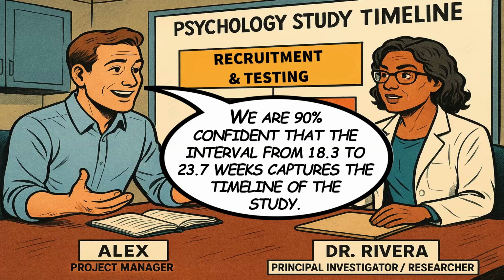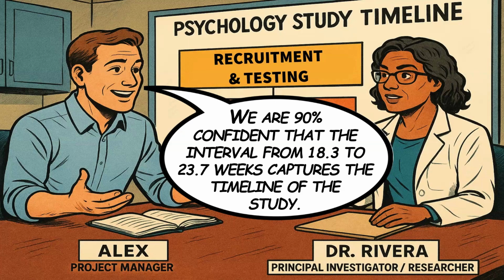And typically the correct way is to talk about it in a sense that what you're trying to estimate doesn't move, but your confidence interval might move. So the timeline of the study, that is set in stone. Whatever world this is in, that timeline of the study is set in stone. But they are 90% confident that the interval that they have is going to cover whatever that timeline is.